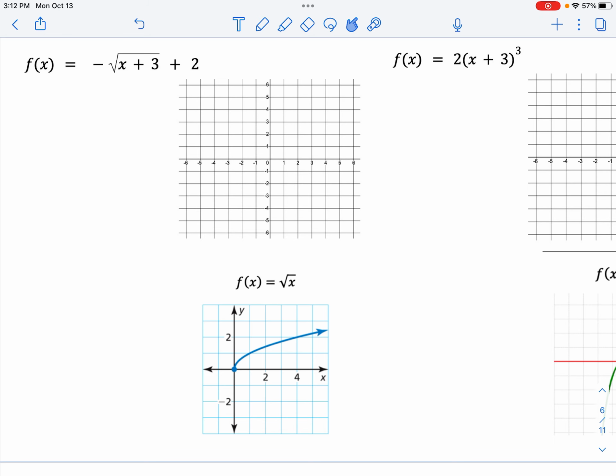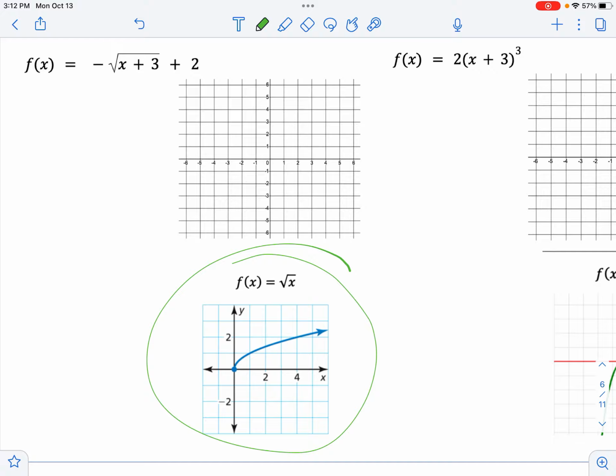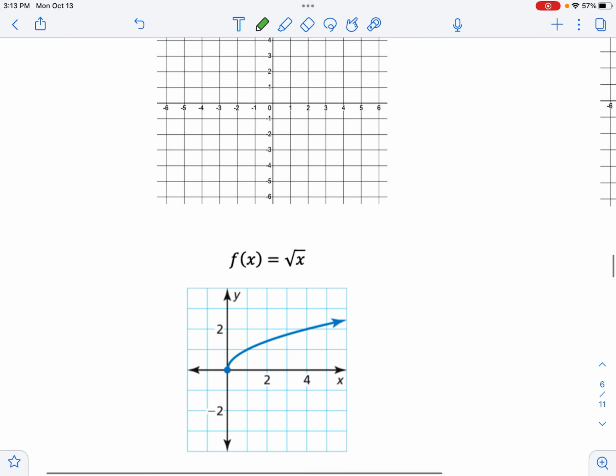Okay, so now the parent function I put in here down here, the parent function is square root of x, and we want a few key points. Now you'll notice on here, some of those key points would be 0, 0, 1, 1, and 4, 2.